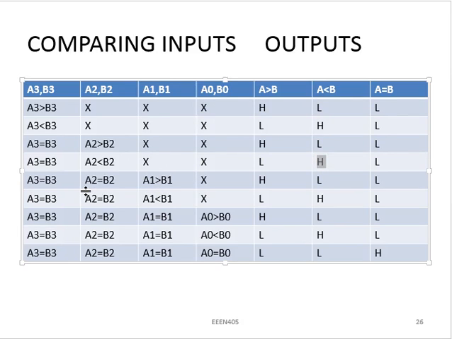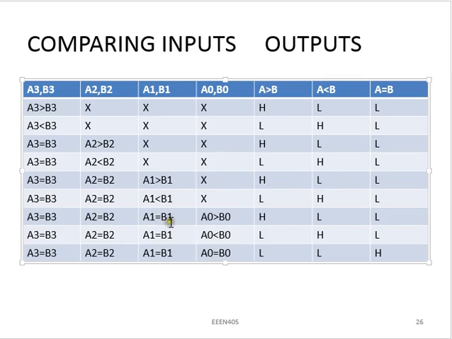Also, if I find that A2 is equivalent to B2 while A3 and B3 are the same, then I have to go to the level of A1 and B1. If A1 is greater than B1, then this is high, and I don't need to know the others. But if A1 is less than B1, I can say my A less than B is high and the remaining are not needed.